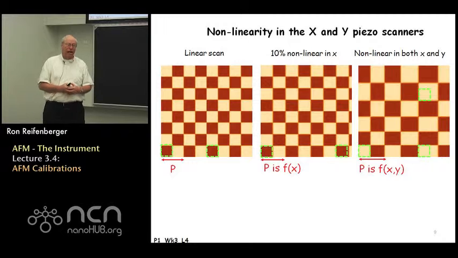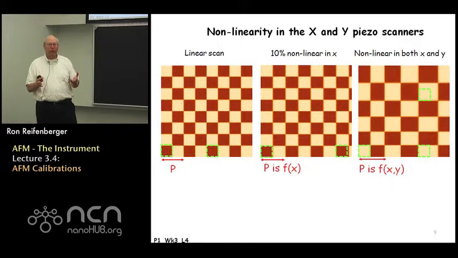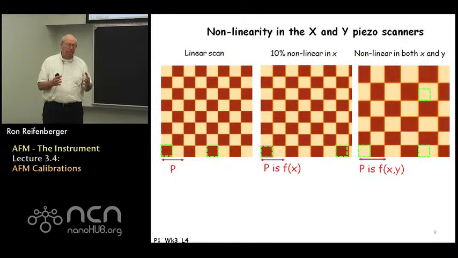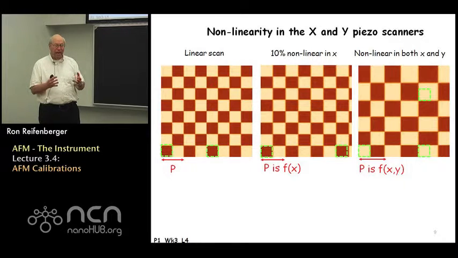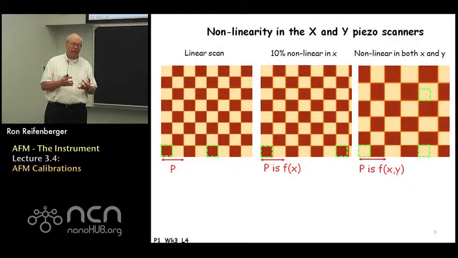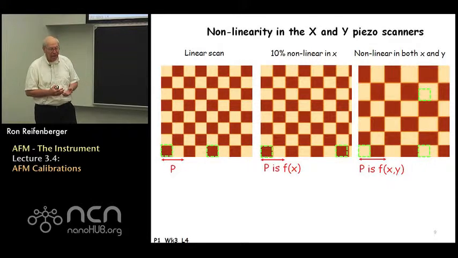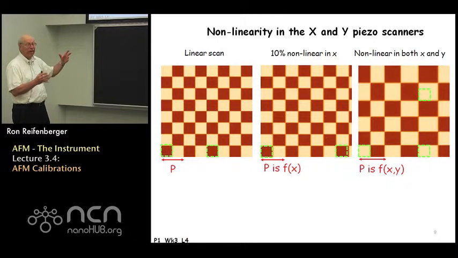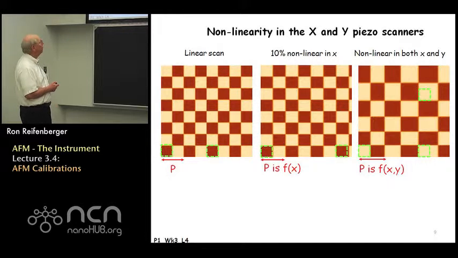It's important to realize that depending on the age of your AFM, the technology that's gone into the X and Y scanners, you can actually have very nonlinear X and Y images, you can have very nonlinear calibrations that come out of this type of experiment.